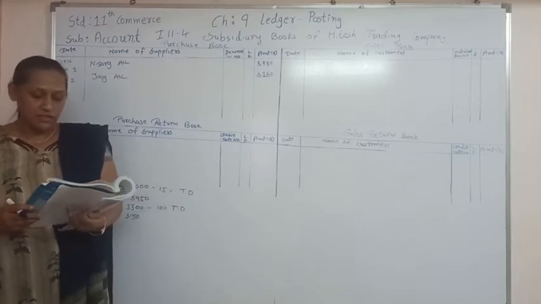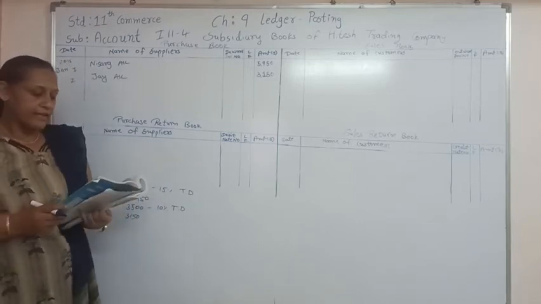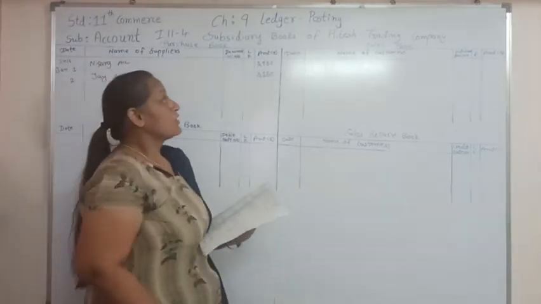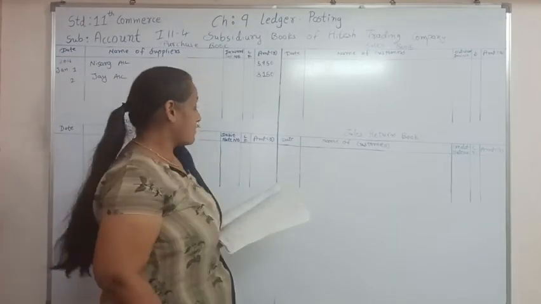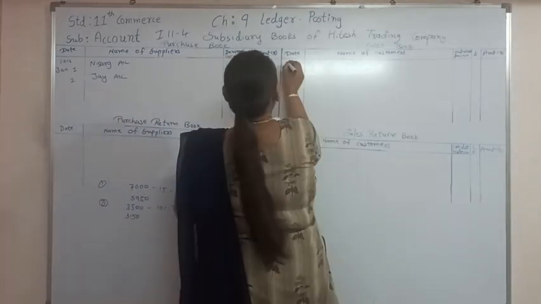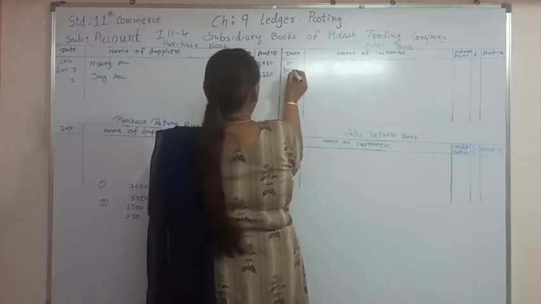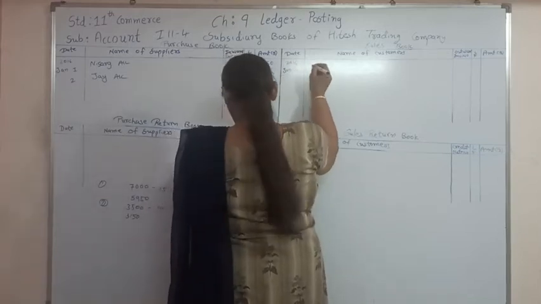Now let's see the transaction of date 4. Goods of rupees 10,000 are sold to Kruti at 10% trade discount. So now we are selling the goods, so we are going to record in the sales book, and the date is 2016 January 4th. Kruti account.